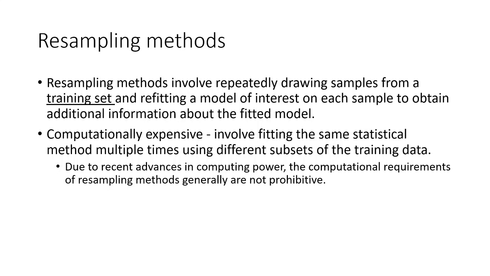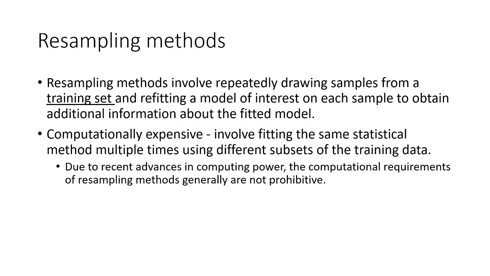So the resampling methods involve repeatedly drawing samples from a training set and then refitting the model of interest on each sample to obtain additional information about the fitted model. What we have here is we use the training data sets to build a model, and then we resample this training set again and again, and each time we refit the model.